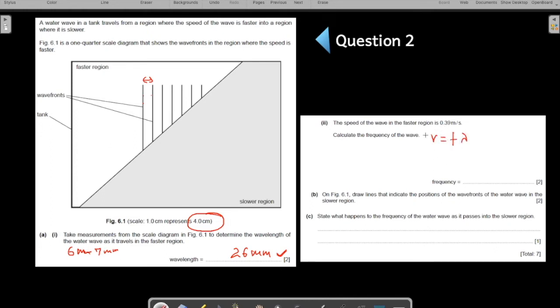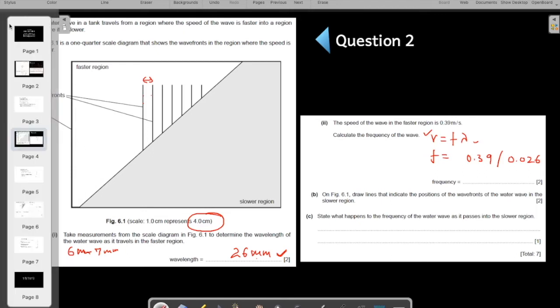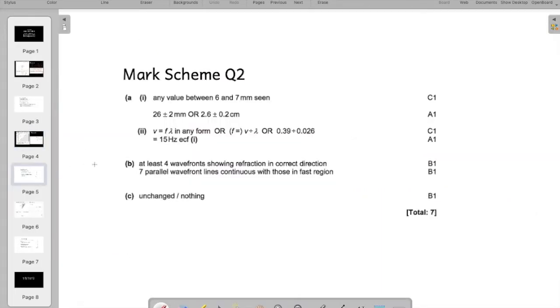Input the value of the speed, and input the value of lambda, but make sure that you're inputting lambda in terms of SI unit. SI unit should be in meters. So frequency will be the speed, which is 0.39, divided by lambda, which is 0.026. Divide these two numbers and you should get your answer. You'll have to work it out in the calculator.